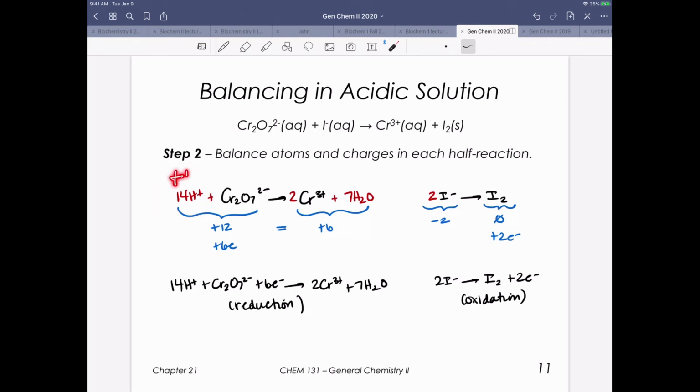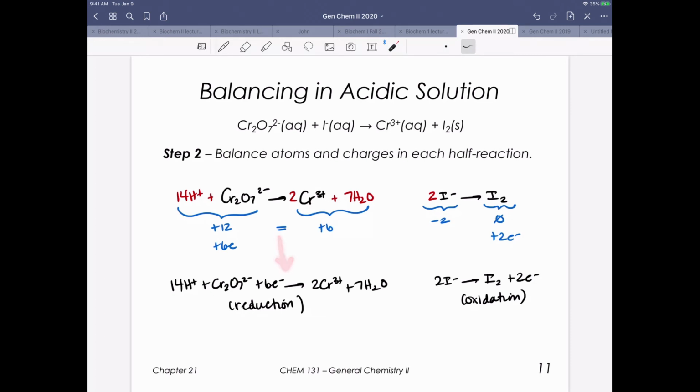So the net of +14 and -2 is going to be +12. So the net charge on the left side is +12. If I want to have these charges balanced, that means I need to add 6 negative things, 6 electrons to the left side there. Okay?